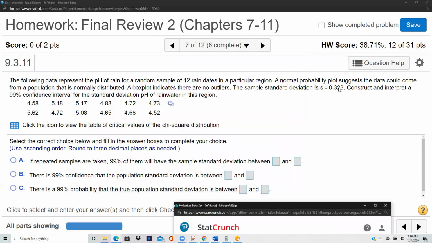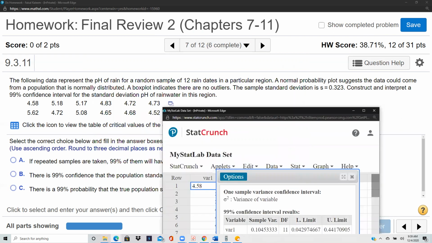We know it's 0.323. So we're not saying that the sample is between this and this. So remember, confidence intervals are never made about the samples. They predict the population parameter. Okay, so it's not the one that says sample.